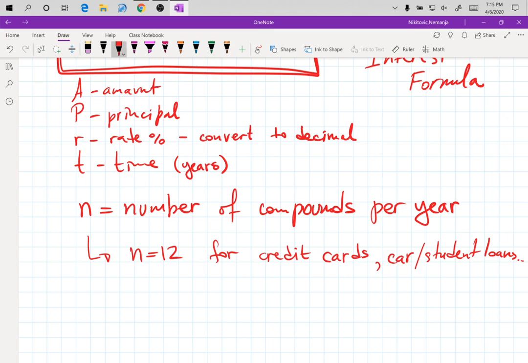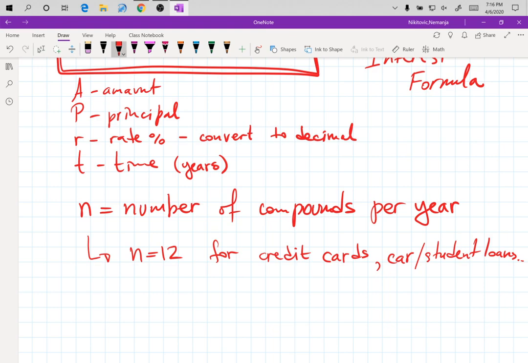But you can compound twice a year, then N is 2, 4 times a year, right? Once per season, that's quarterly, right? You can compound weekly, you can compound every hour, you can compound every second, you can compound every millisecond.